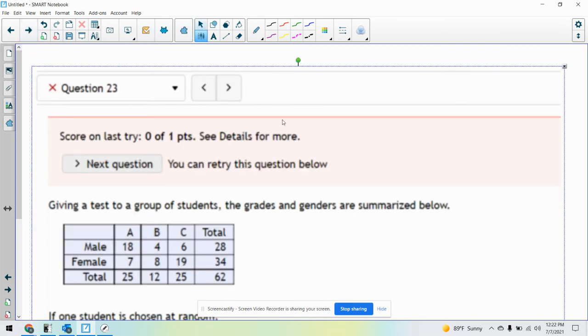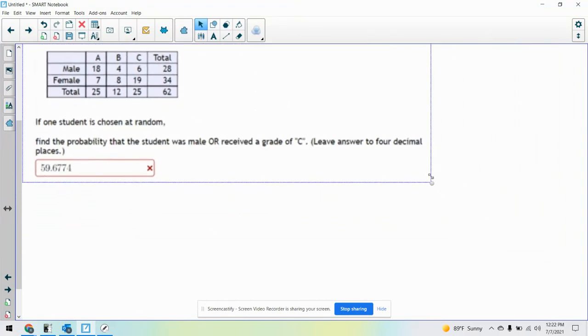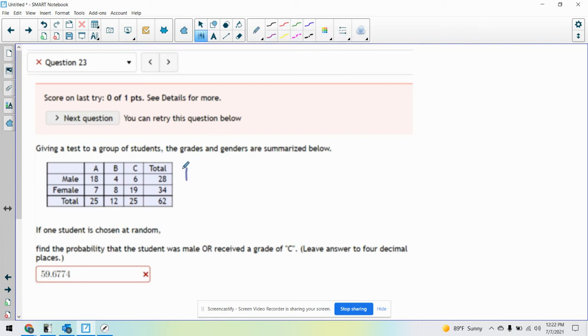Okay, question 23. Giving a test to a group of students, the grades and genders are summarized below. If one student is chosen at random, find the probability that the student was male or received a grade of C. So, probability of male or C. We're going to use the or probability from the notes.